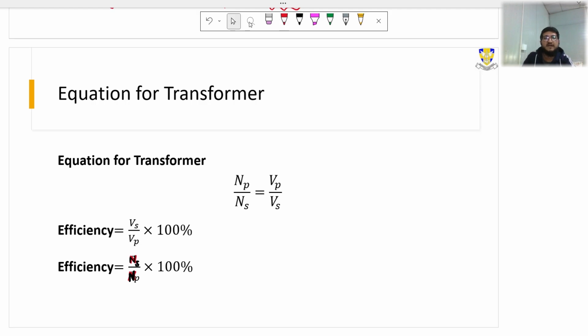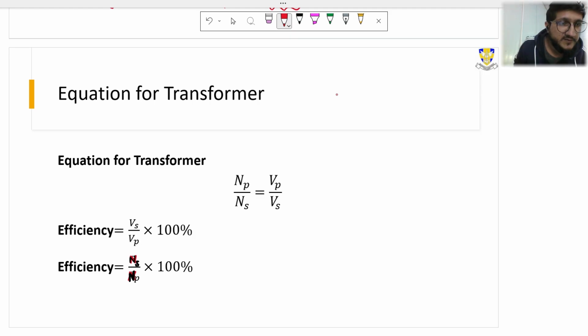आपको ये पता होना चाहिए कि आपने किस तरीके से इस चीज़ को एक्सप्लेन करना है. एफिशिएंसी आप इसकी निकाल सकते हो, not just with the help of your voltages, but you can also find out the efficiency with the help of the number of turns. ठीक है.